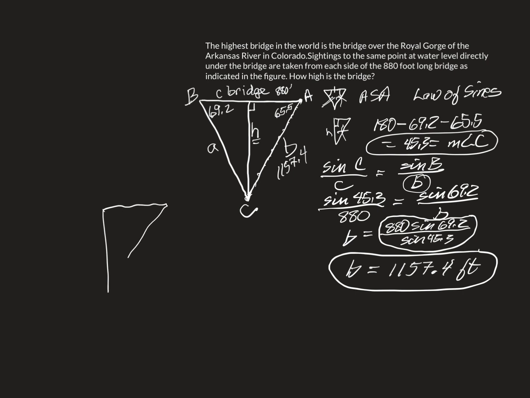So I'll draw the right triangle. Put 1157.4, and A, we'll call this M, this is C, and now I need to find the height. So I know angle A is 65.5, and this is the hypotenuse, and I want to find the opposite.